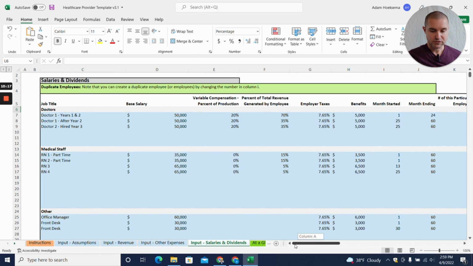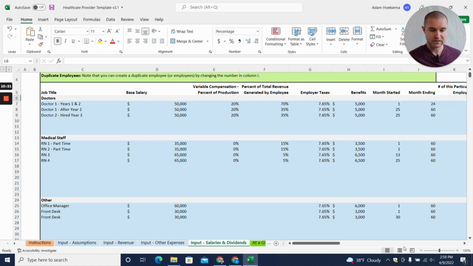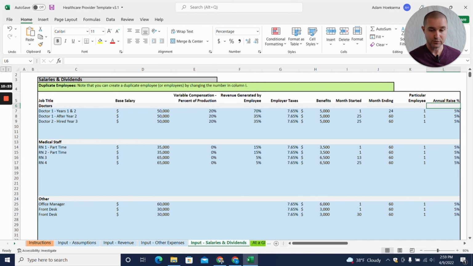Now jumping over to our Salaries tab. This tab is quite flexible and powerful, but you can enter in doctors, medical staff, and other positions in those categories. And you have the ability to add a base salary.